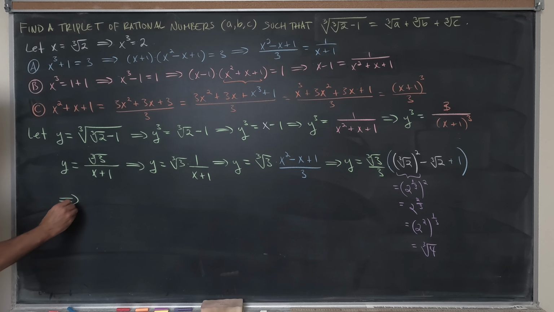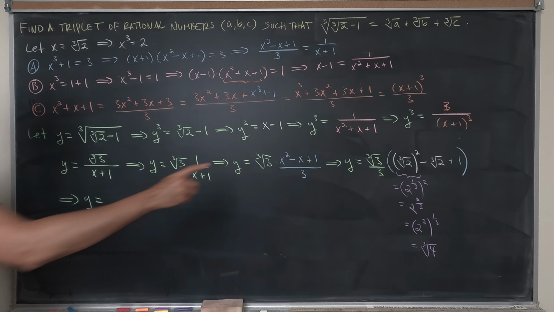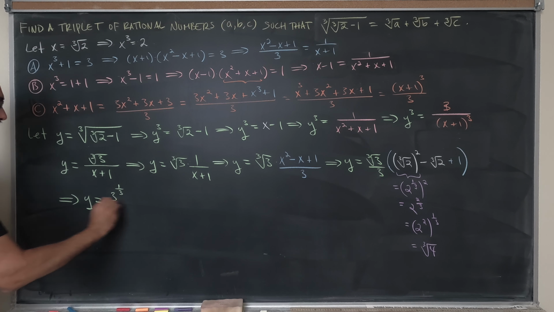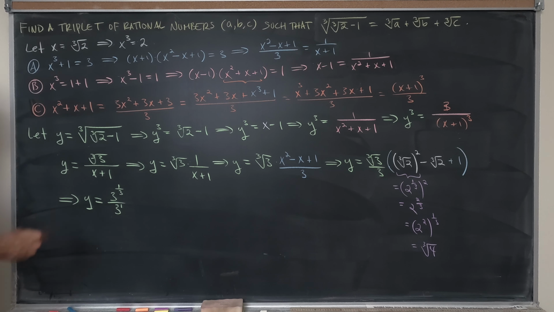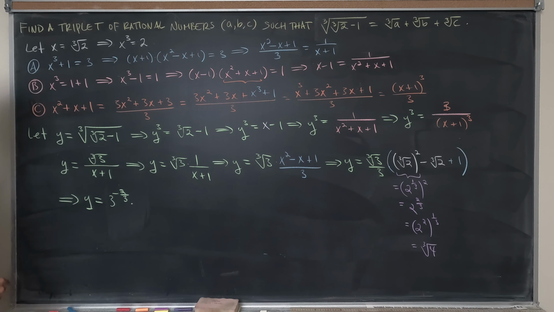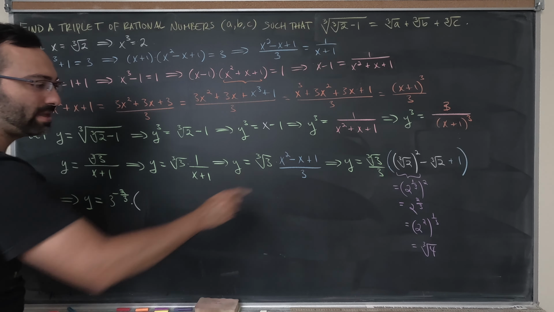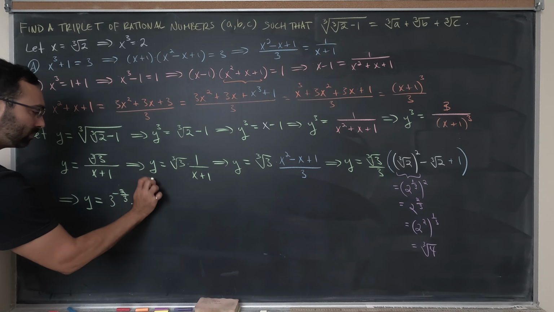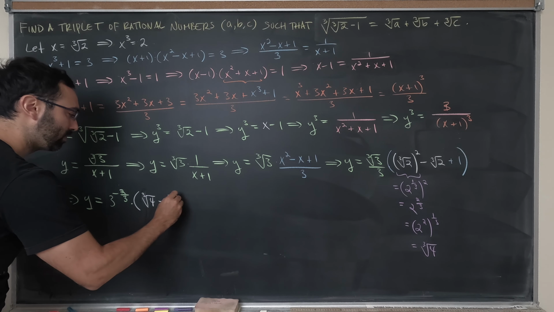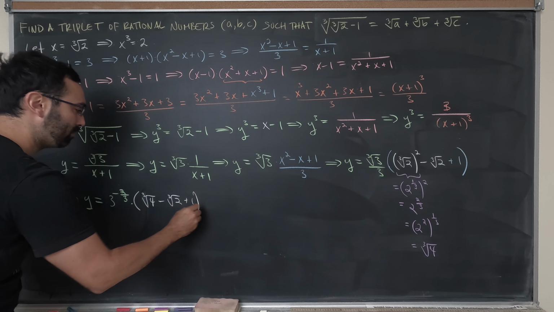So now we can say that y is the cube root of 3 divided by 3. Well, that's just 3 to the power of a third divided by 3 to the power of 1. But we can write that as 3 to the power of a third minus 1, which is 3 to the power of negative 2/3. And then we have what remains in brackets, the cube root of 4 minus the cube root of 2 plus 1.